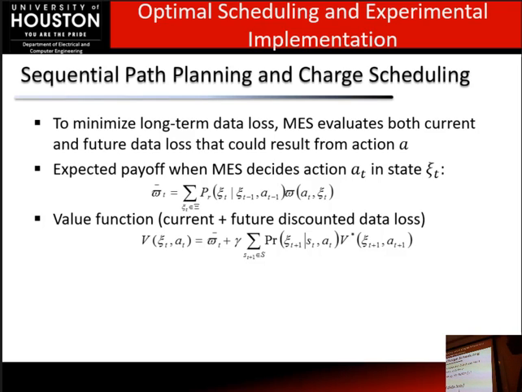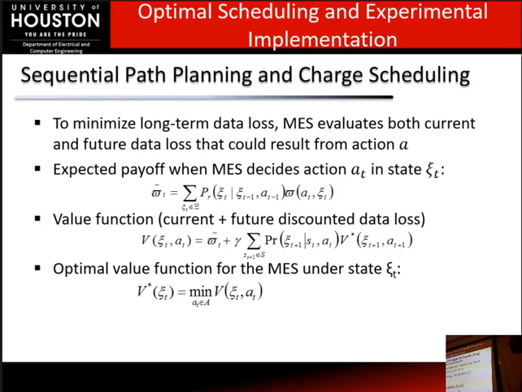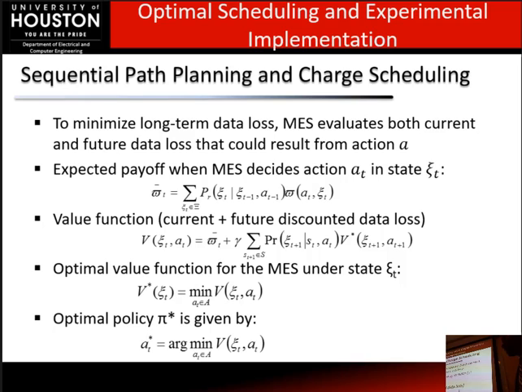And the value function is the current data loss and the discounted future data loss that could happen by taking action A. V star is the optimal value function that would minimize our data loss. So by taking the optimal action A star, we have the optimal policy that selects the correct path and correct subset of sensors to charge.